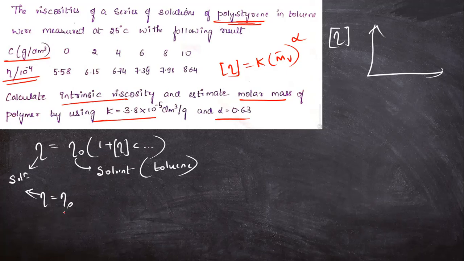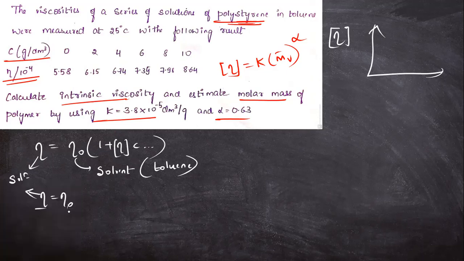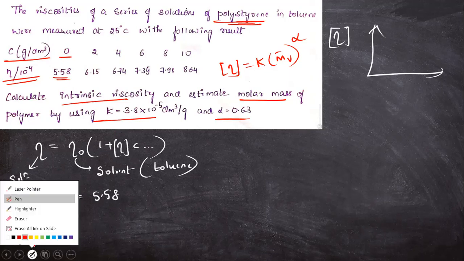At that time the concentration will be 0, so we can simply tell that eta will be equal to eta naught, which will be equal to 5.58, है ना? You can see here at C is equal to 0, eta is 5.58, then definitely solvent ka viscosity will also be equal to 5.58.